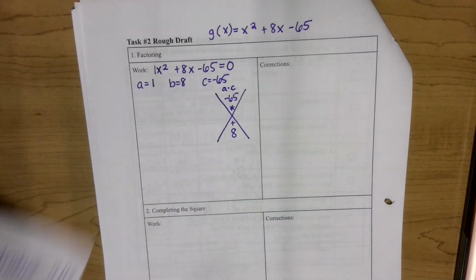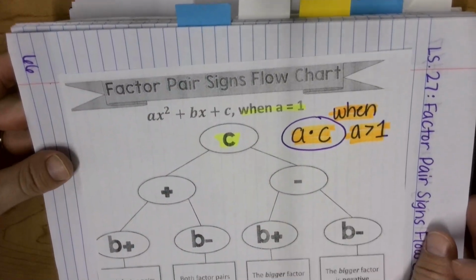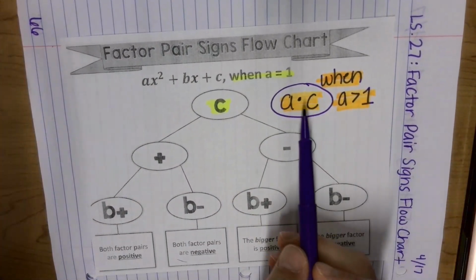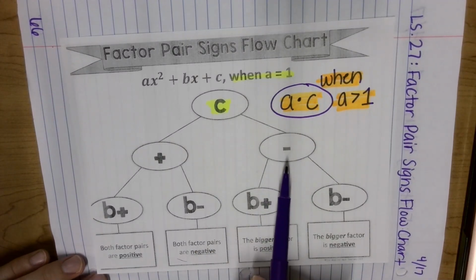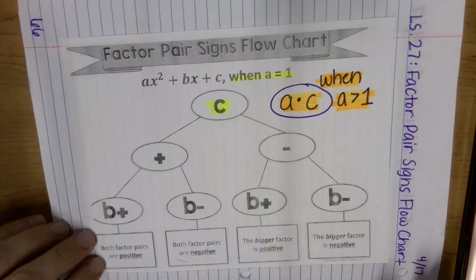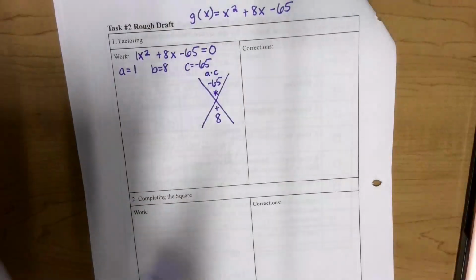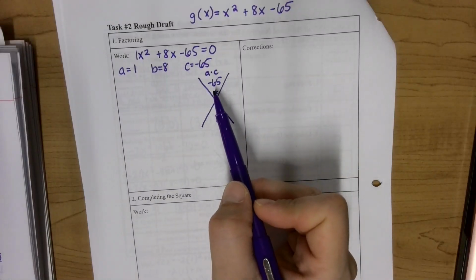Again, that's where you can reference this factor pair signs flowchart. I know my a times c is negative, and then my b value is positive, so the bigger factor is positive. The smaller one's negative, the bigger one's positive. So I need to find factors of negative 65.